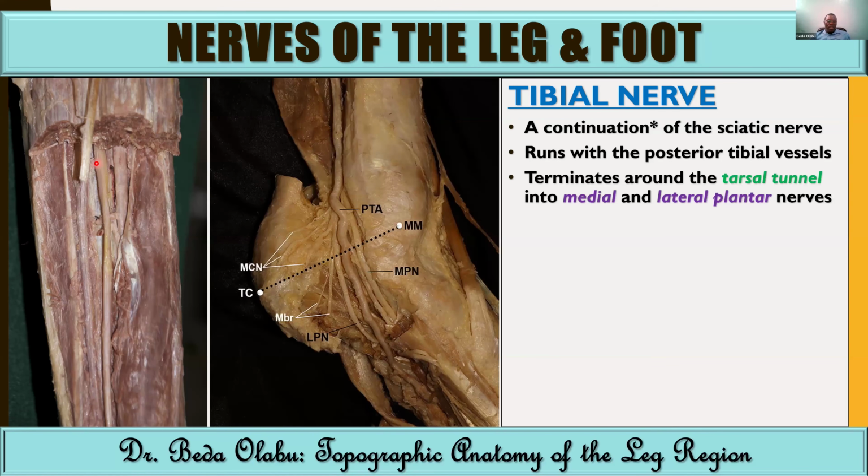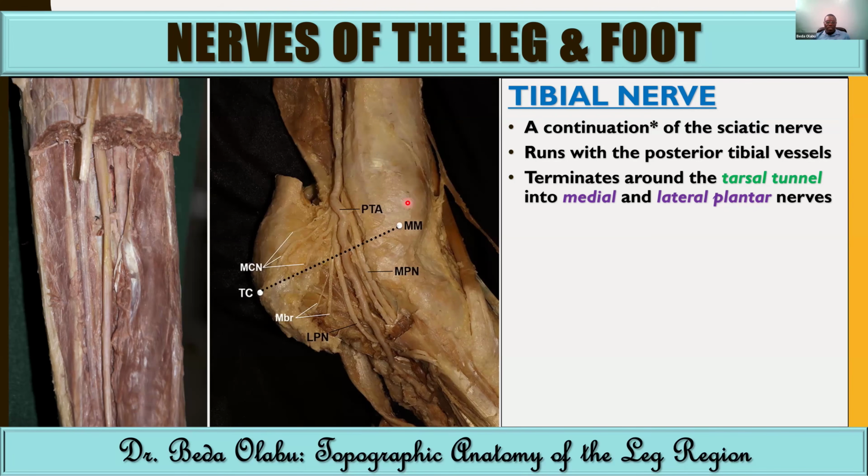Usually the nerve will run in the deep compartment and terminate around this region here, the posterior medial ankle. This is the region we call the tarsal tunnel. It terminates by dividing into the medial plantar nerve and the lateral plantar nerve.